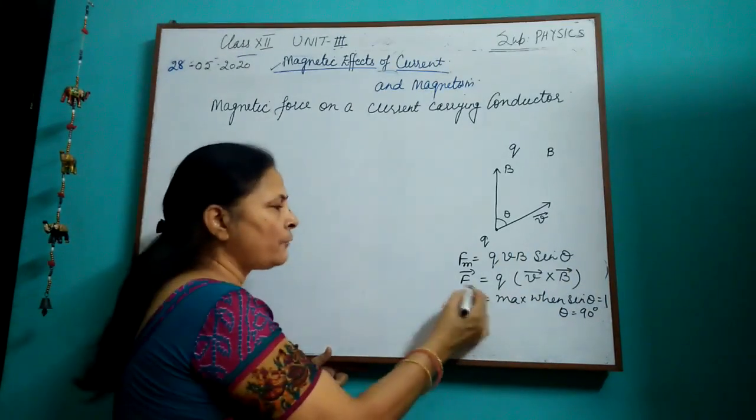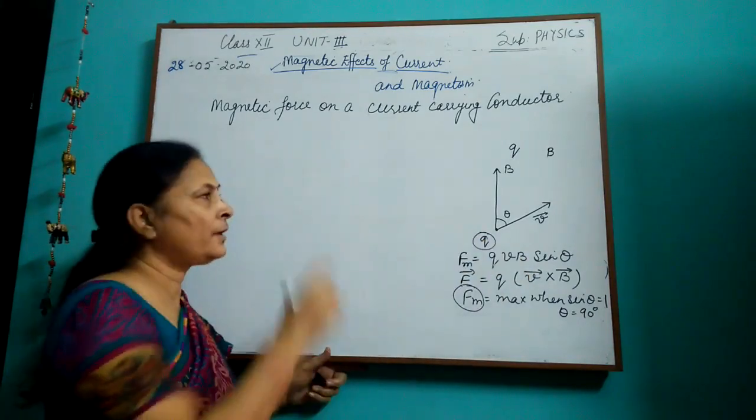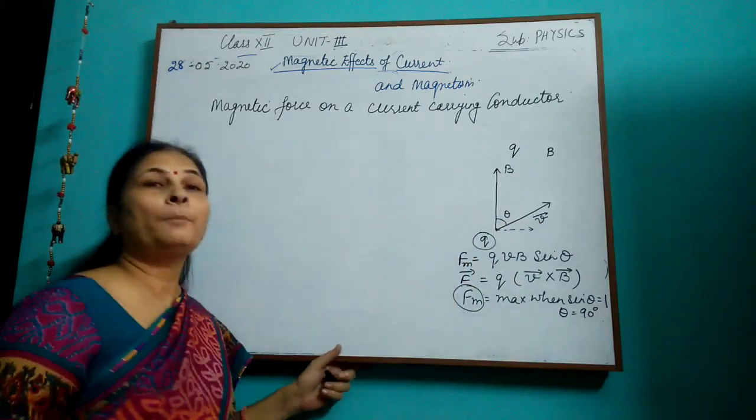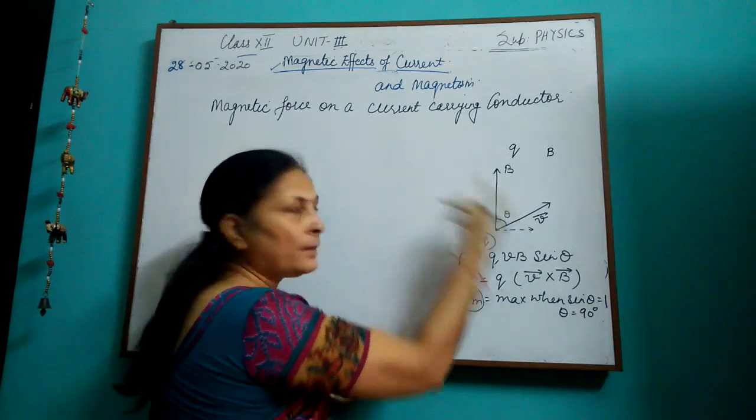That is, maximum force will be experienced by the charged particle Q if it enters the magnetic field in a direction perpendicular to it, and it will keep on decreasing.